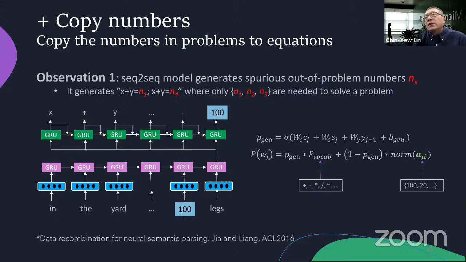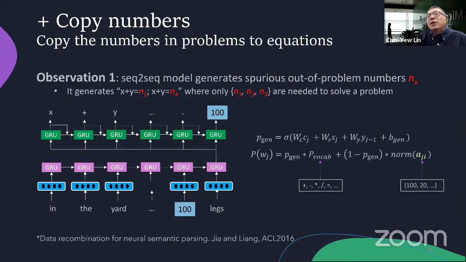We want to make sure that once you have a number, it can be copied to the output. So when you do the ranking, we want to minimize the loss and encourage the attention to pay more attention to the numbers being copied over.